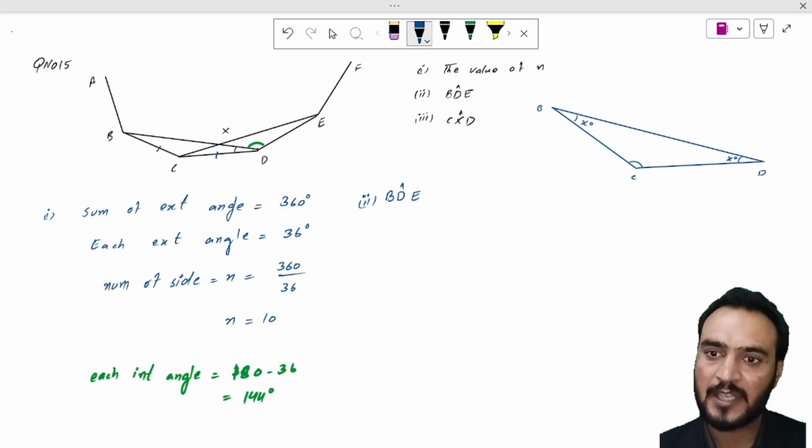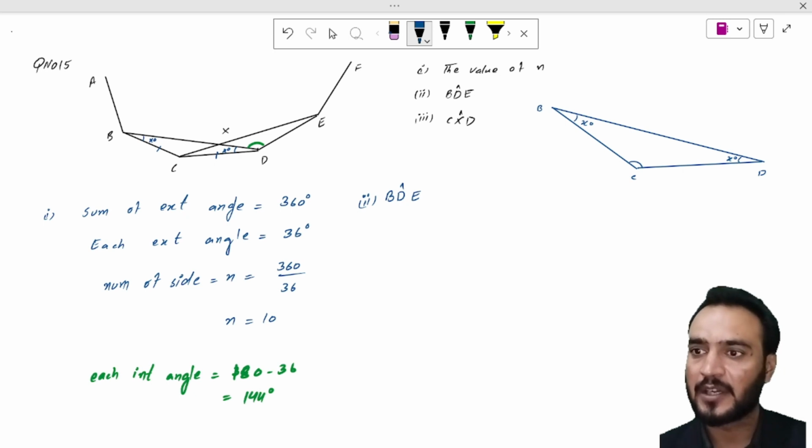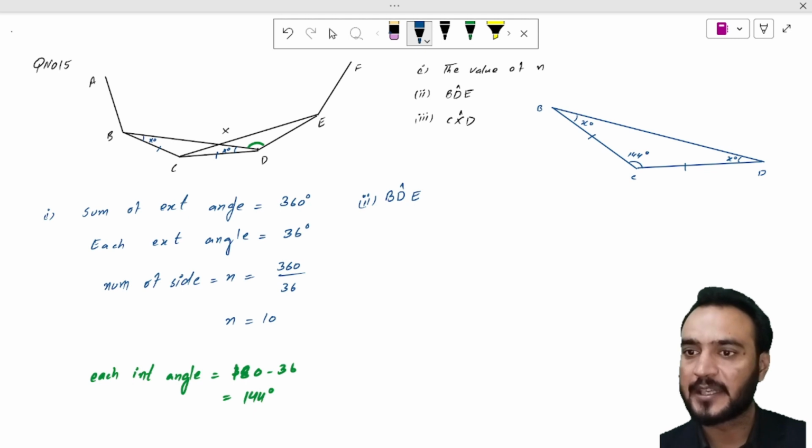It means that if this angle is x degrees, then this angle at point B is also x degrees. I have drawn this triangle BCD over here. The angle at point C is 144 degrees, because it is the interior angle.